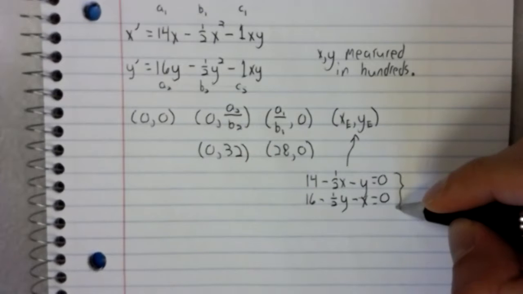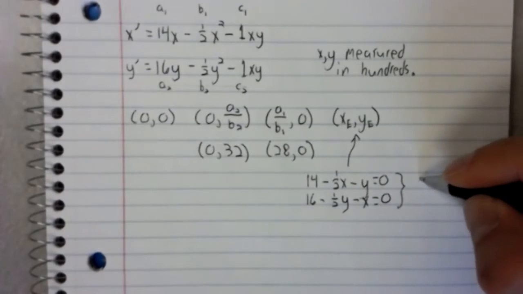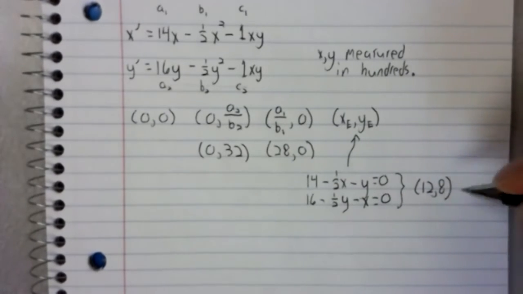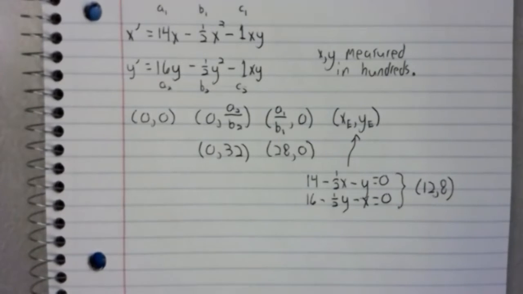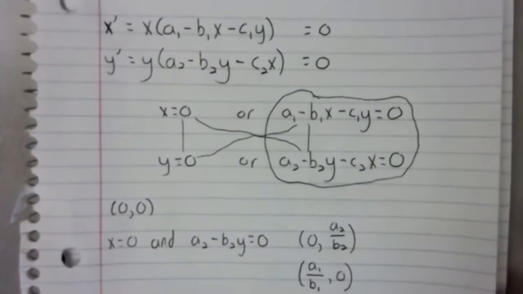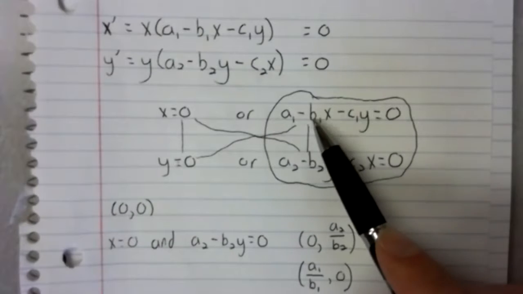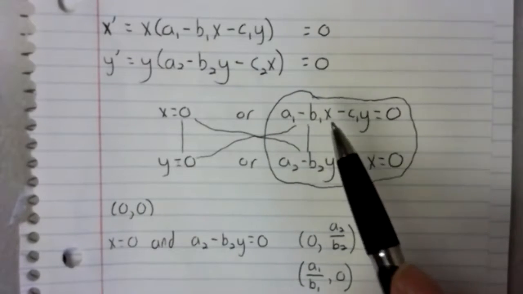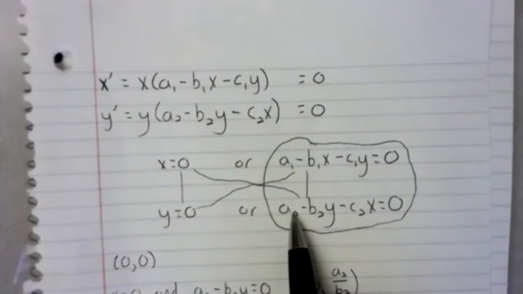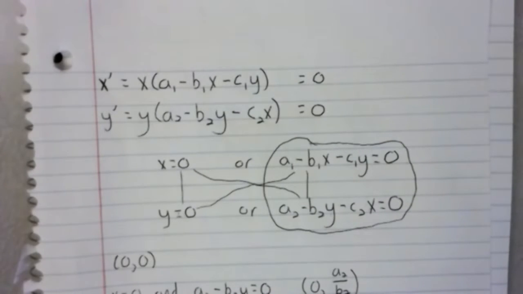And solving the 2x2 linear system gives us 12, 8. And if you don't see this, remember this is where x sub e, y sub e is coming from. This makes the first equation equal to 0. This makes the second equation equal to 0.